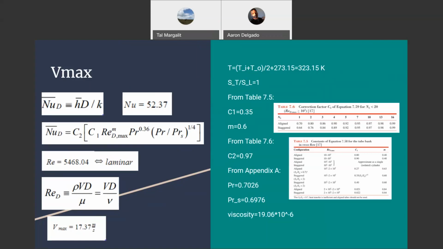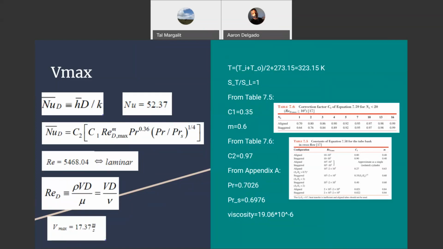Once Reynolds number was found, using the equation shown, we would check if the C1 and m values reflected the calculated value. Prandtl number was interpolated at the average temperature, while Prandtl number S was interpolated at the surface temperature of the fins. The final Reynolds number was 5,468.04, which corresponds with laminar flow.